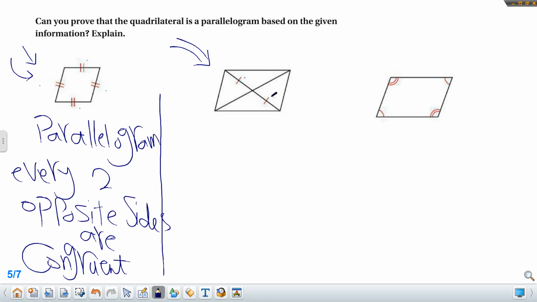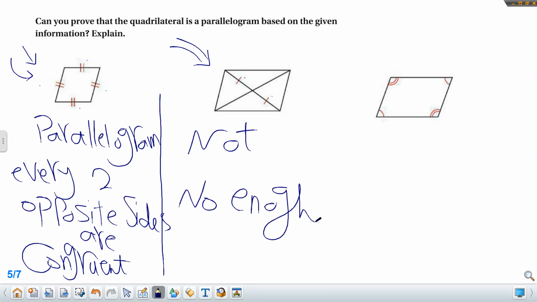Can you say the two diagonals bisect each other? No, just one diagonal bisects the other, not each of the diagonals bisecting each other. So we can say it is not a parallelogram, because there is not enough information.